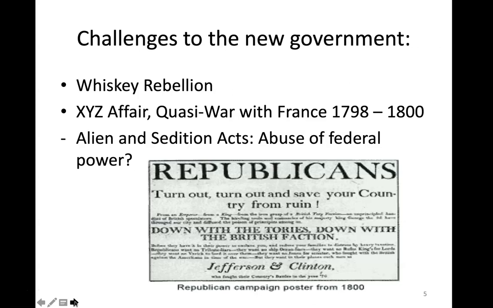You see tax collectors, for example, getting harassed, victimized by violence. You see various producers and distributors of whiskey underreporting their sales, so they pay less taxes, right, to the federal government. You see houses getting burned down because they don't like that tax collector, right, or him being tarred and feathered, so on and so forth.